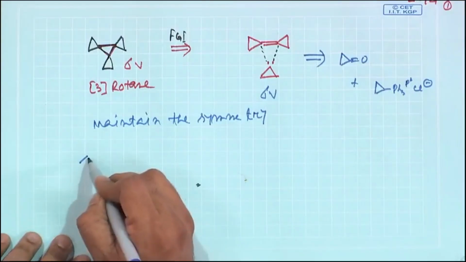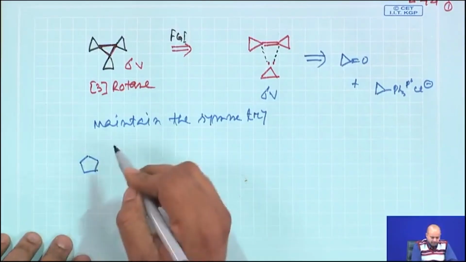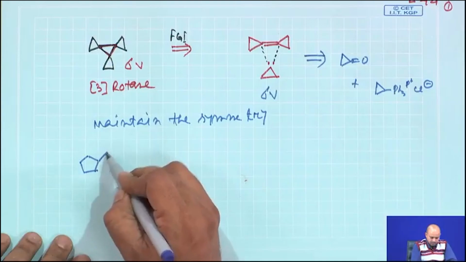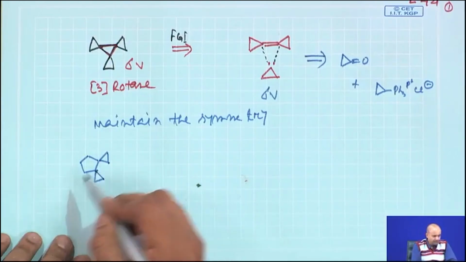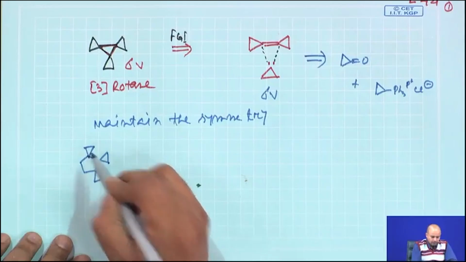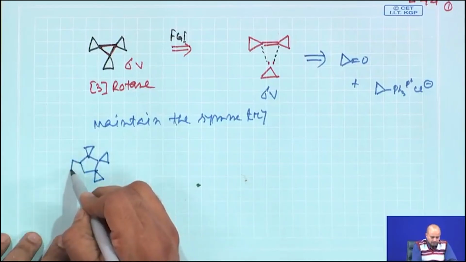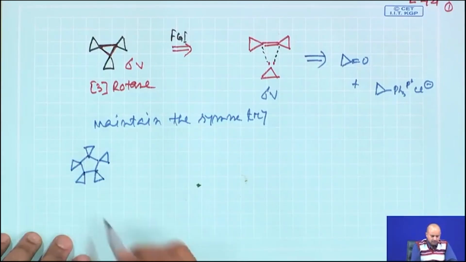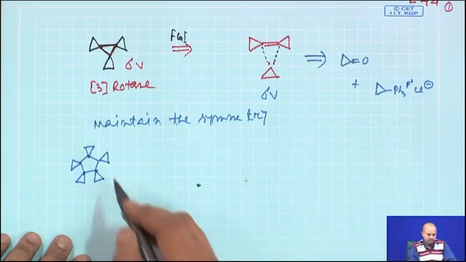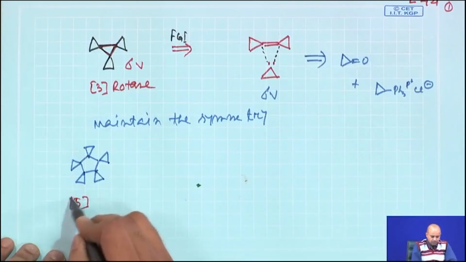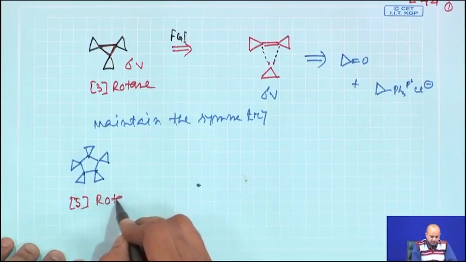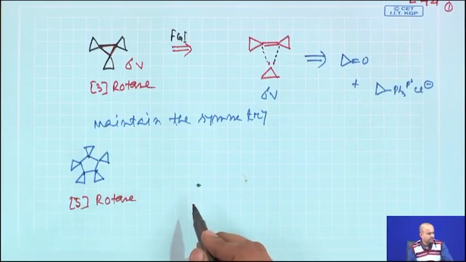Next we will try a similar kind of molecule, and then we will talk about a slightly different molecule. This is a cyclopentane based molecule. All the cyclopentane carbon atoms are linked with a cyclopropane, and this molecule name is 5-rotane. There are many other molecules; we will just pick a few and say how they can be synthesized.